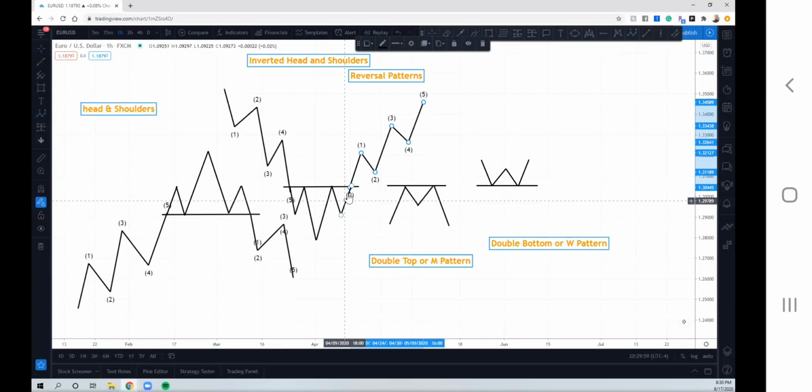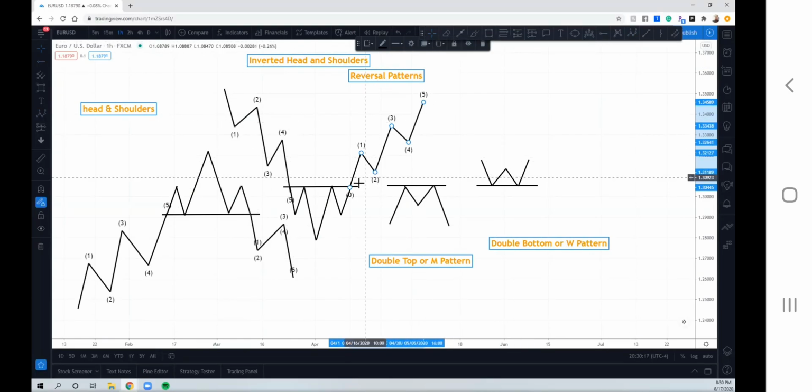After these patterns form is typically when you want to start taking sells for a head and shoulders pattern, or buys at the lows of the market for an inverted head and shoulders pattern.